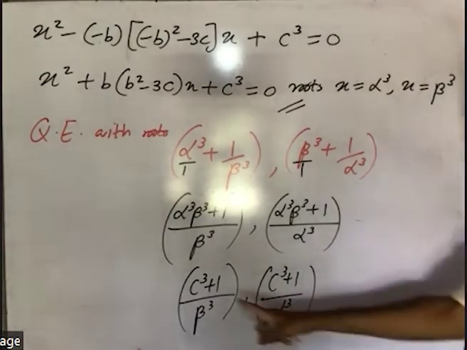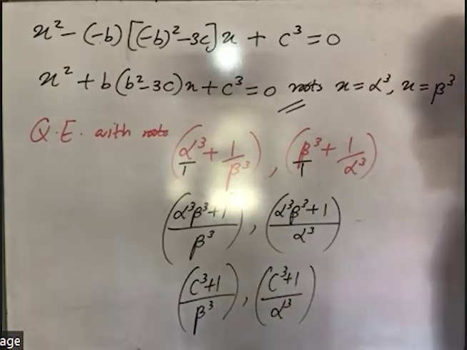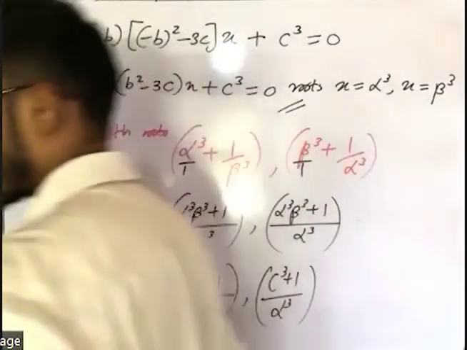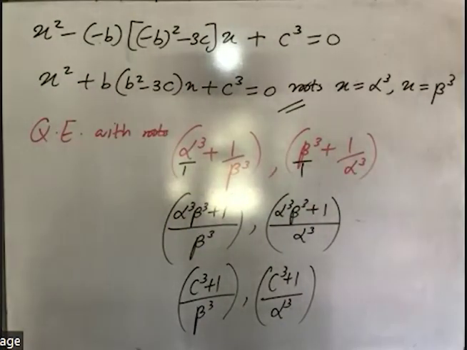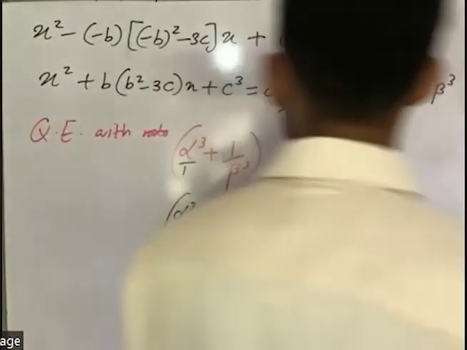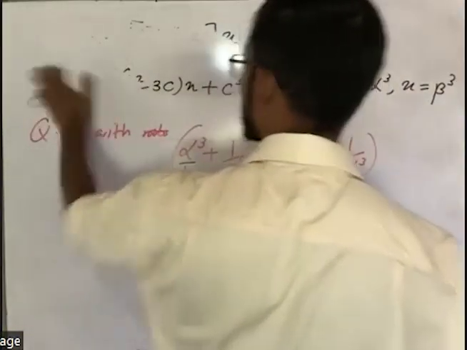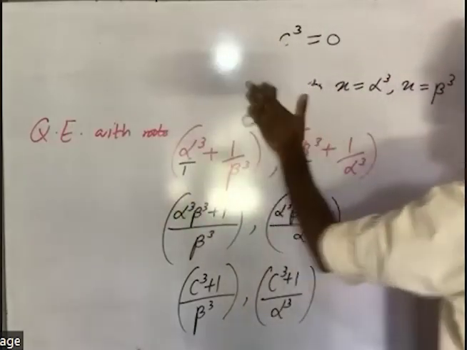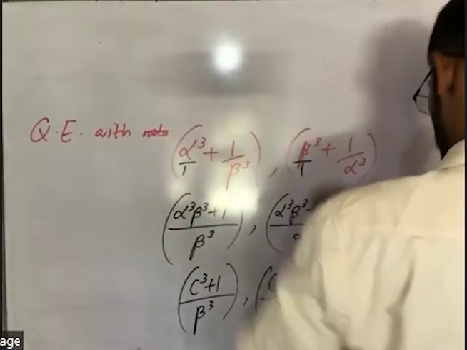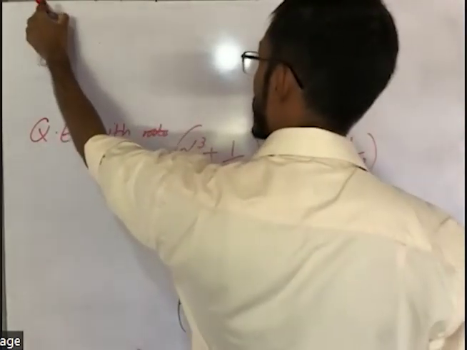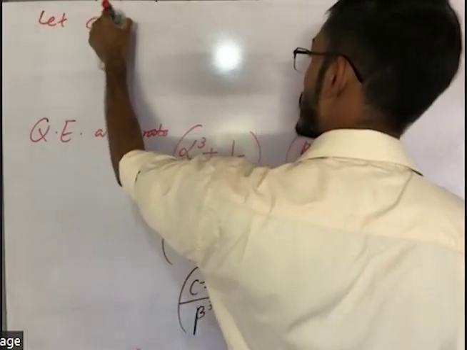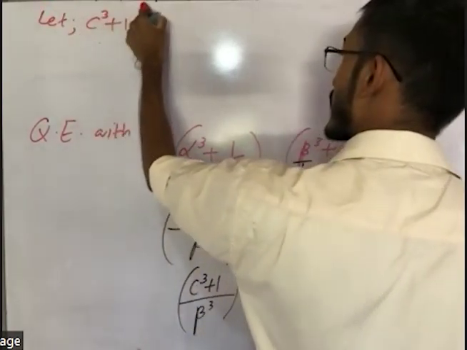Now we know that c to the power 3 plus 1 is a constant, because c is a constant. So we can take it as: let c to the power 3 plus 1 equal to k.